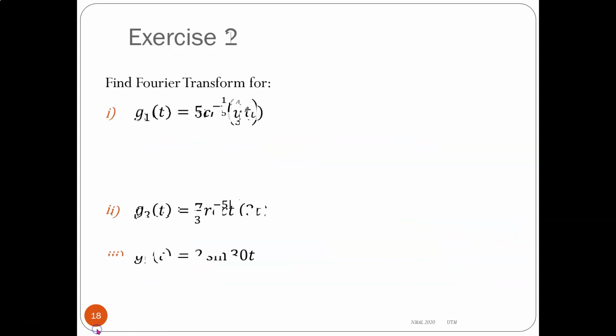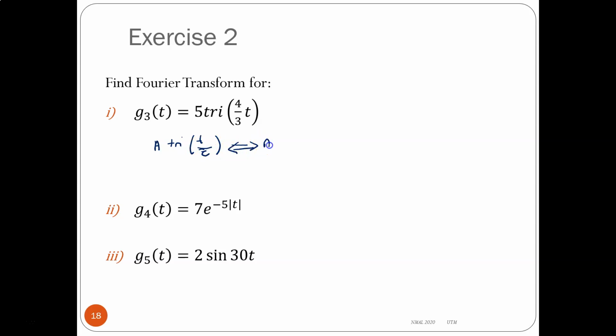Another example, in exercise 2, we need to find the Fourier transform for g3(t), given the function 5 tri(4t/3), which is a triangle function. Again, refer to the list of formulas. It is given that for A tri(t/τ), the Fourier transform pair is Aτ sinc²(ωτ/2).